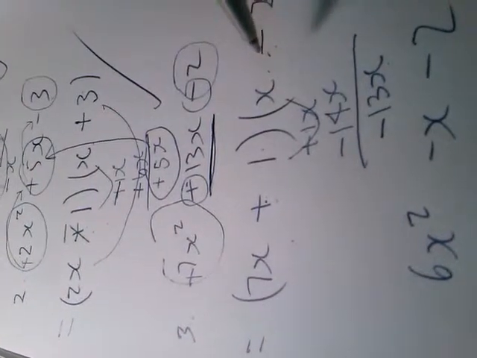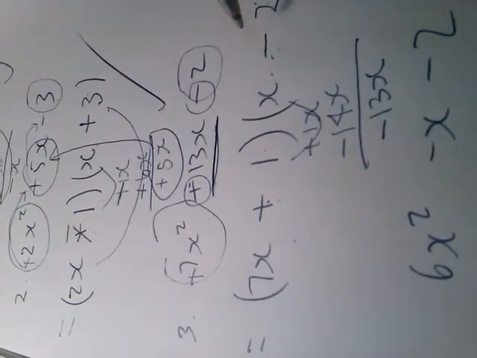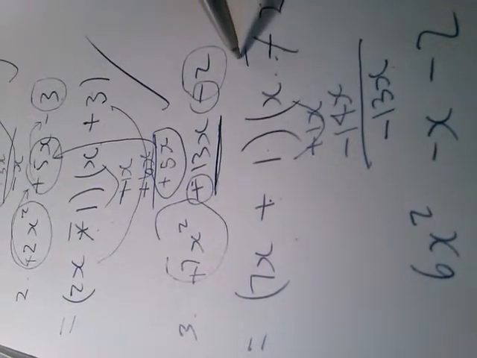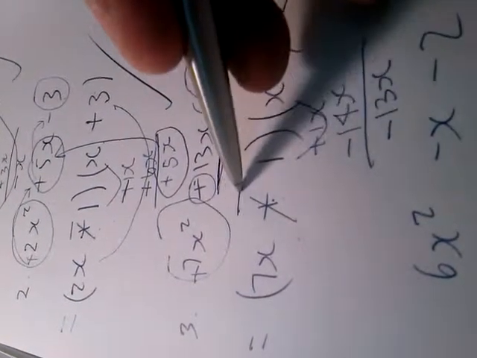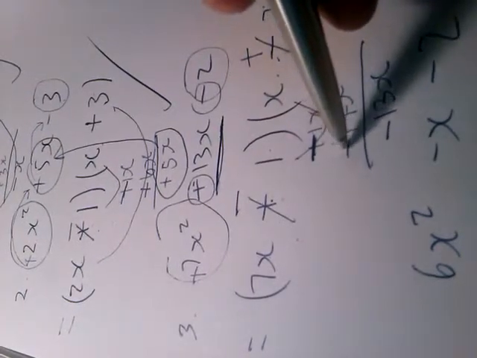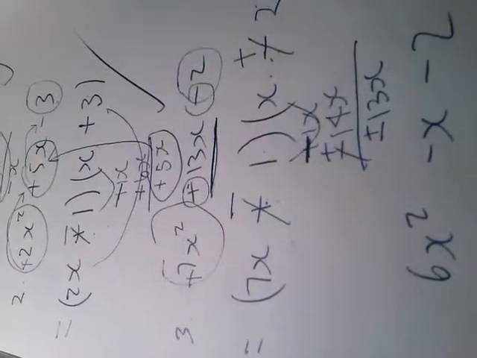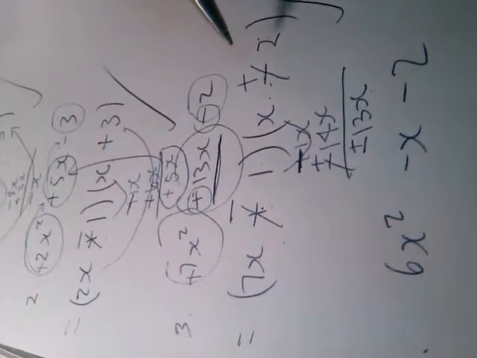Therefore, to fix this problem, I need to only change the signs. So this I change to plus, and this sign I change to minus, so I get minus 1x, and I get plus 14x, which gives me plus 13x, and that's the same as the middle one. So I fixed that problem.